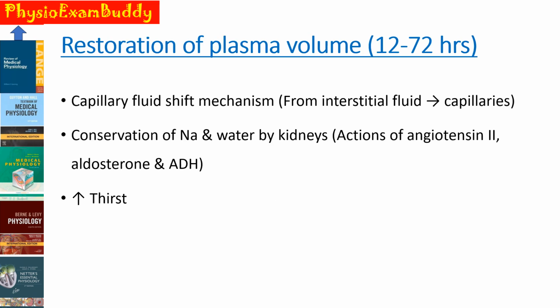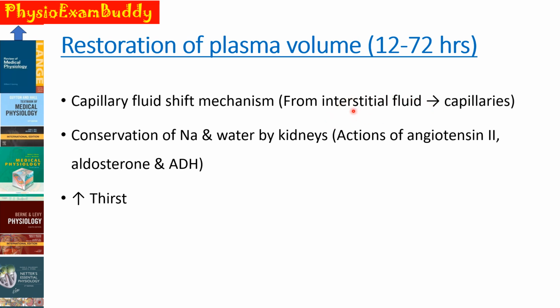So how does the restoration of the plasma volume occur within 12 to 72 hours? After a moderate hemorrhage, the circulating plasma volume is restored in 12 to 72 hours by absorption of fluid into the blood capillaries from the interstitial spaces of the body.